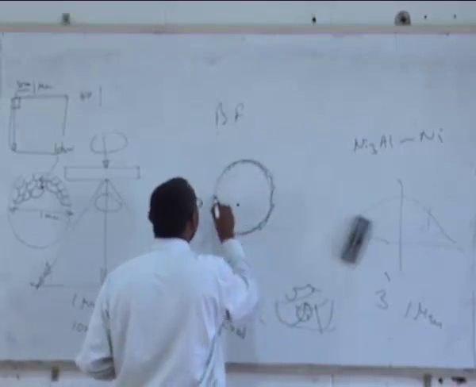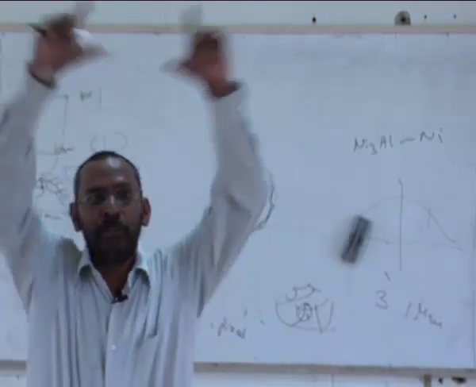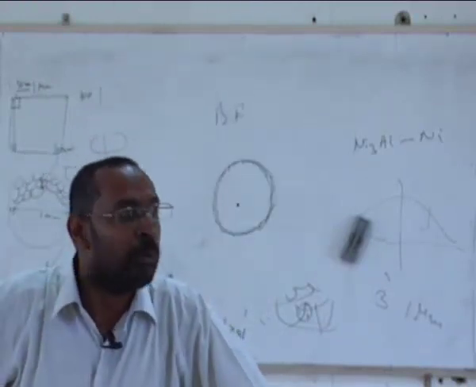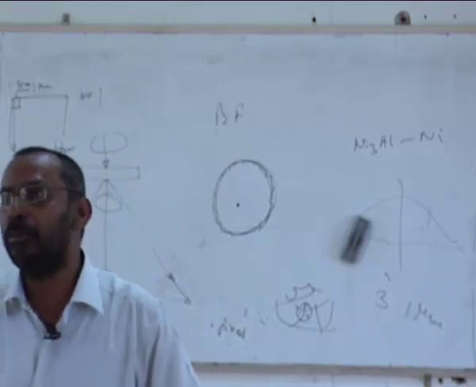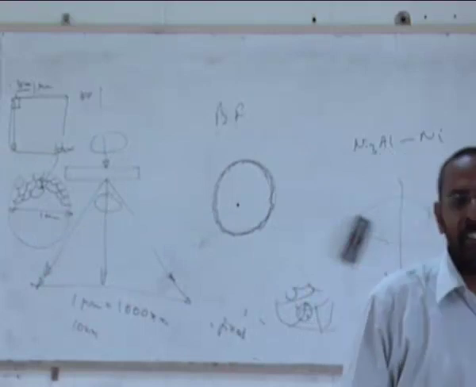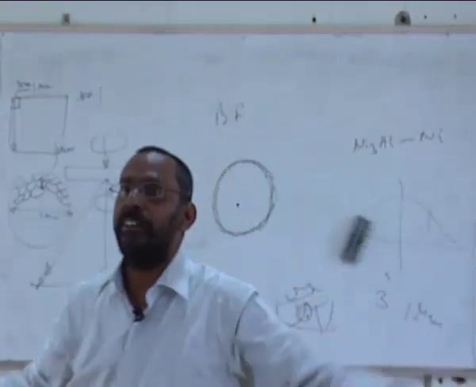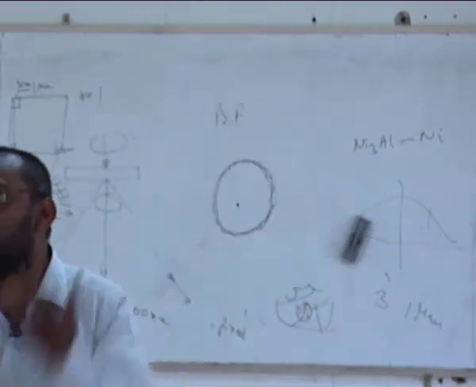I do not know if you have ever seen, on a full moon day, some ring around the moon. If you go and see on a full moon day, you see this ring, and this ring is because of the diffraction. And diffraction is happening from where? From the dust particles in the sky. And these dust particles are like amorphous atoms in an amorphous matrix, because there is no periodicity there.